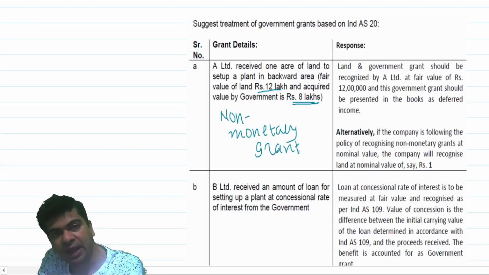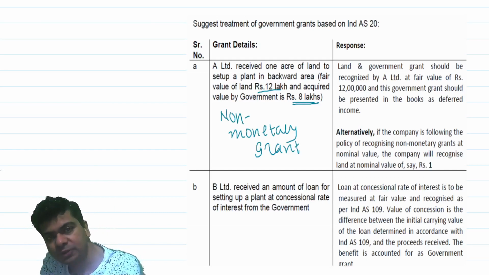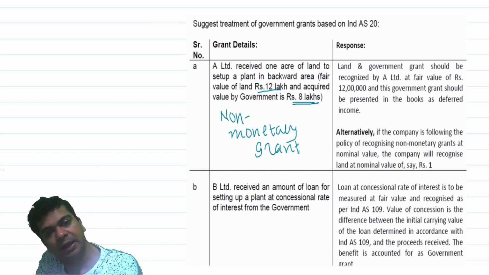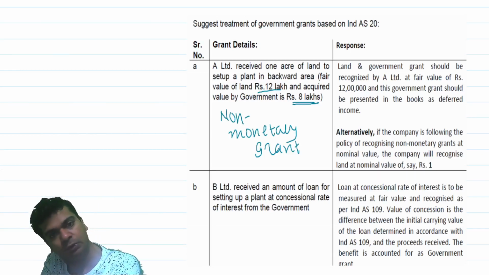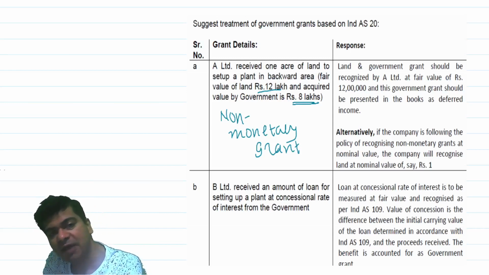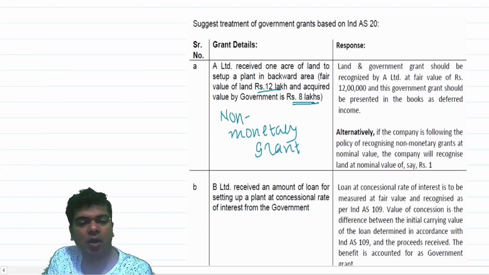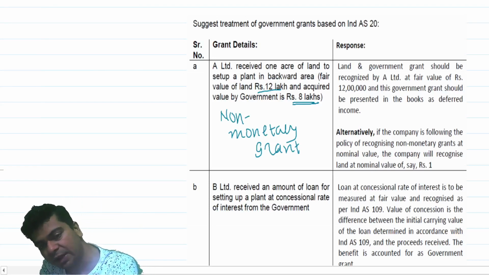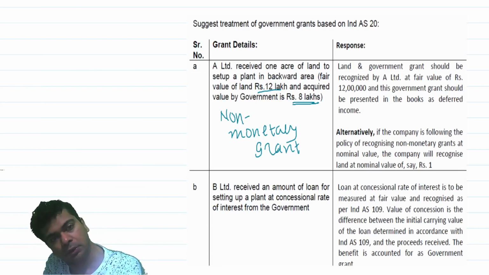If you are receiving any asset by way of a grant, or we can say a grant which is received in kind, then Ind AS 20 says that whatever non-monetary asset that you have received, you should disclose that in your books at its fair value. If I check over here, I am getting 1 acre of land and its fair value is 12 lakhs. What is the value at which the government acquired the land is not important.